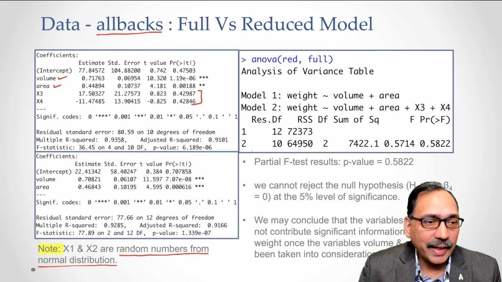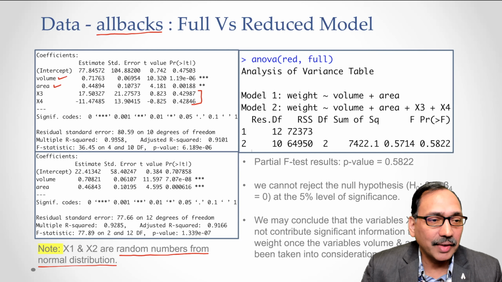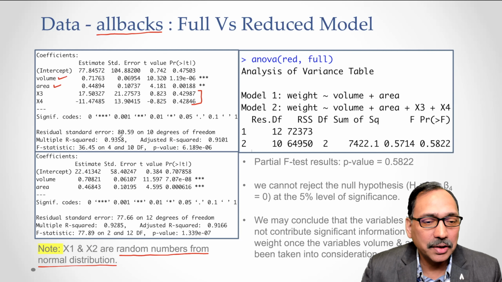Contribution R square 93.5, 92.8, that also indicates that adding these two variables is basically not adding too much information. And in fact, if you look at adjusted R squares, adjusted R square is even higher for only these two.